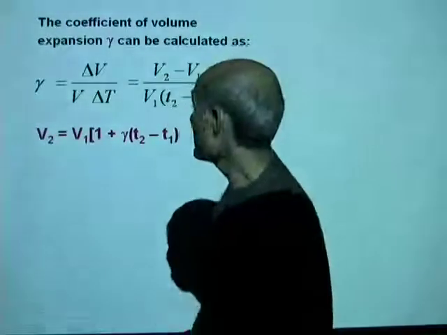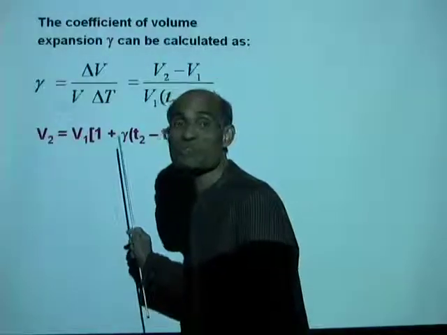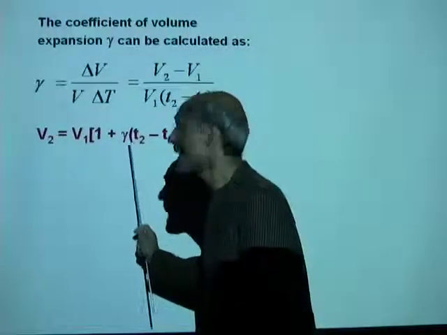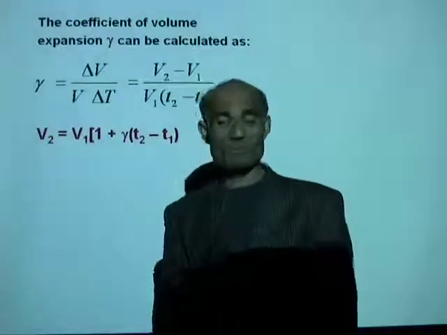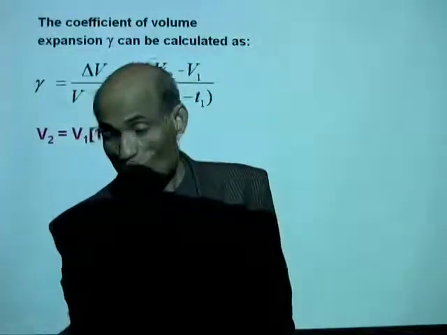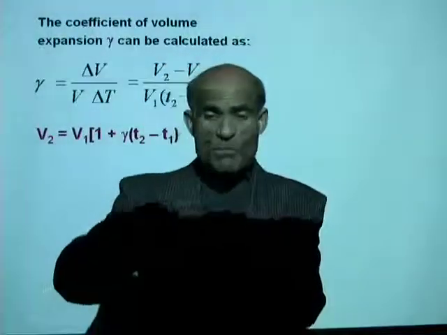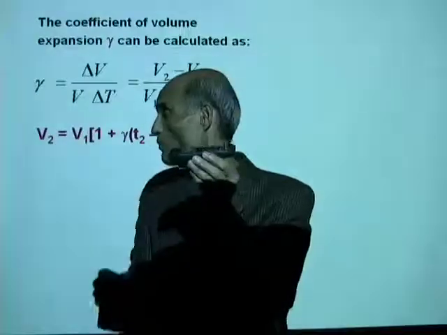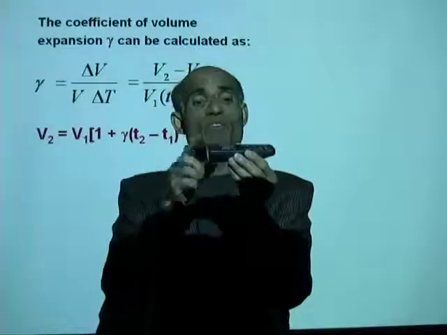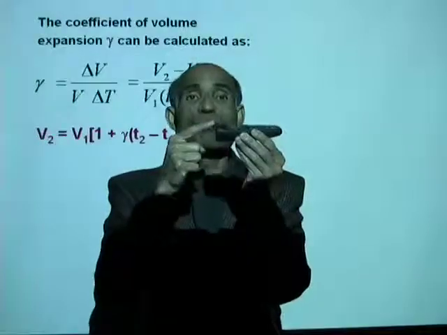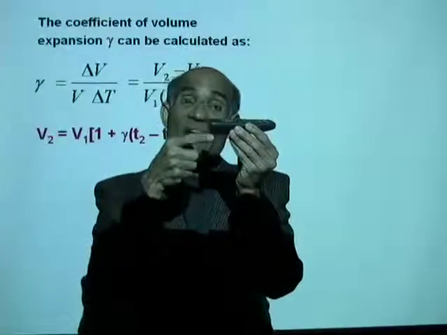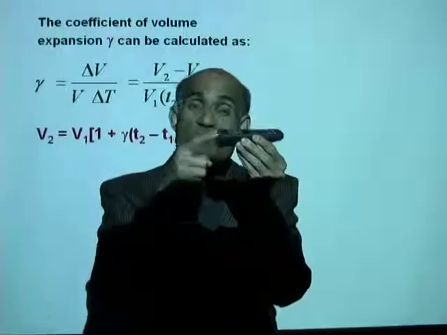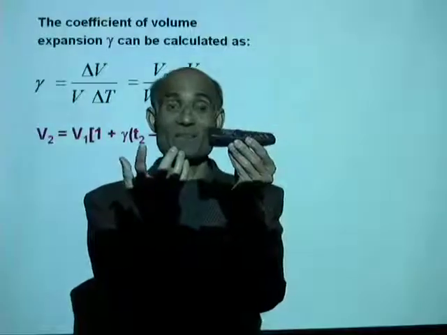Alright, can you tell me what will be a relationship that you can write between alpha and gamma? When you want to measure the volume of an object, volume of an object involves length, width and height, and each of these is a length.